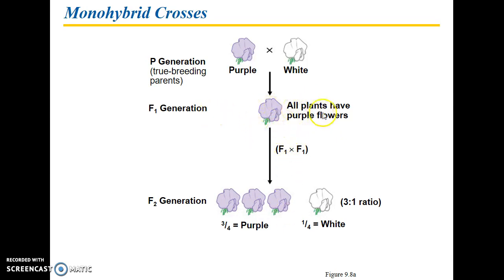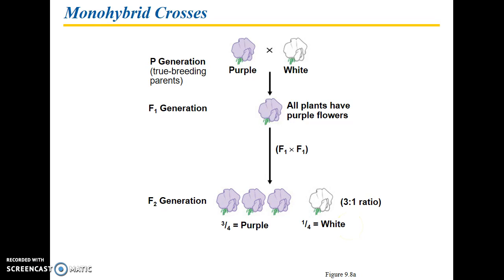But then if you take the offspring, essentially the siblings from that cross, or from multiple crosses, if you took the F1 generation individuals and crossed those with one another, then Mendel would see this very characteristic pattern. He would see 3/4 of those F2 or filial 2 offspring would have purple flowers, and 25% or 1/4 would have white flowers.